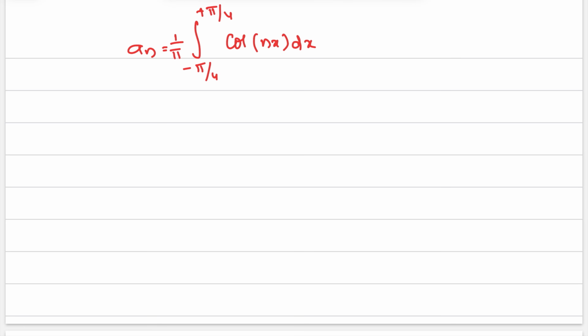That's a very easy integral. That is equal to 1 by pi into, integral of cos is sin, sin nx by n, from minus pi by 4 to plus pi by 4.